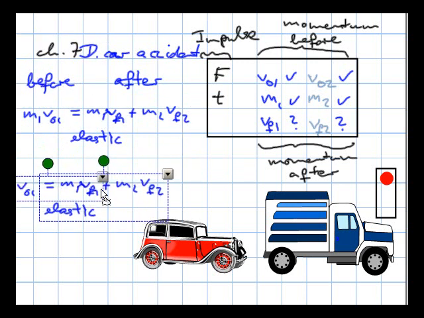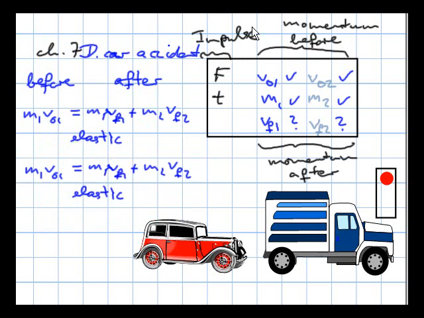This becomes more complicated. And for the kinetic energy, I'm going to write 1/2 m v squared for each term. Okay, so here I have the two equations for the two variables.